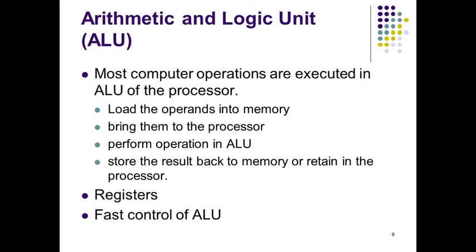The access times to the registers are somewhat faster than the access times to the fastest cache unit in the memory hierarchy. It means that registers are a bit faster than the cache memory unit.